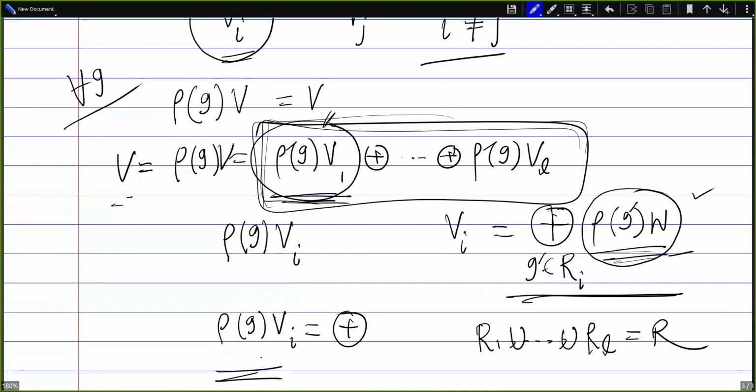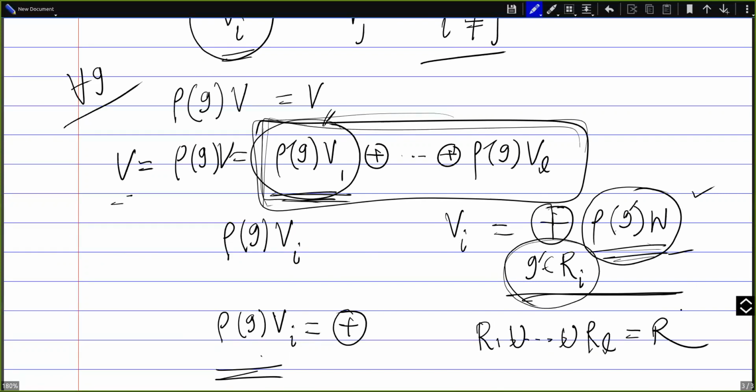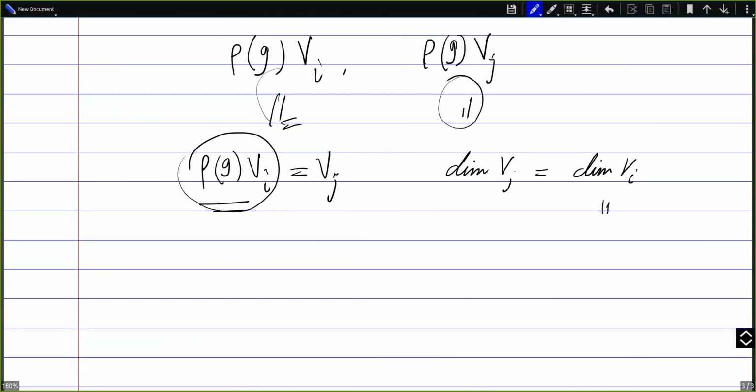Thus the dimension of Vi is the dimension of W times the number of elements in Ri. Okay, so the same is true here.